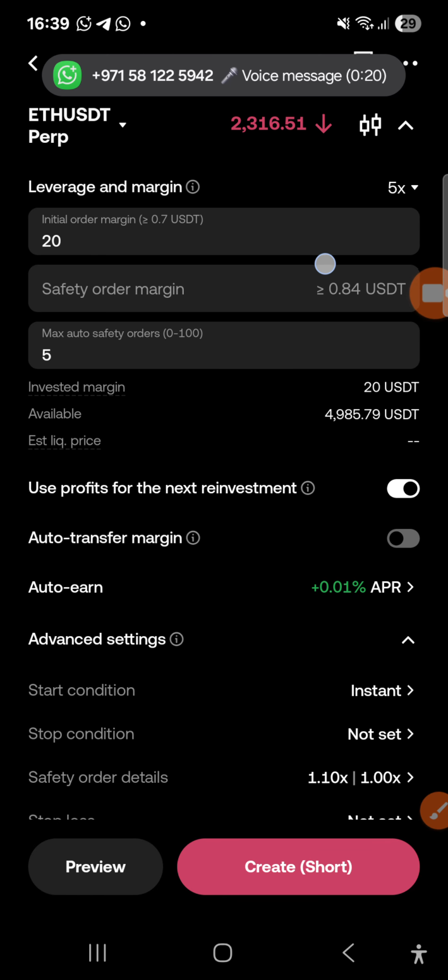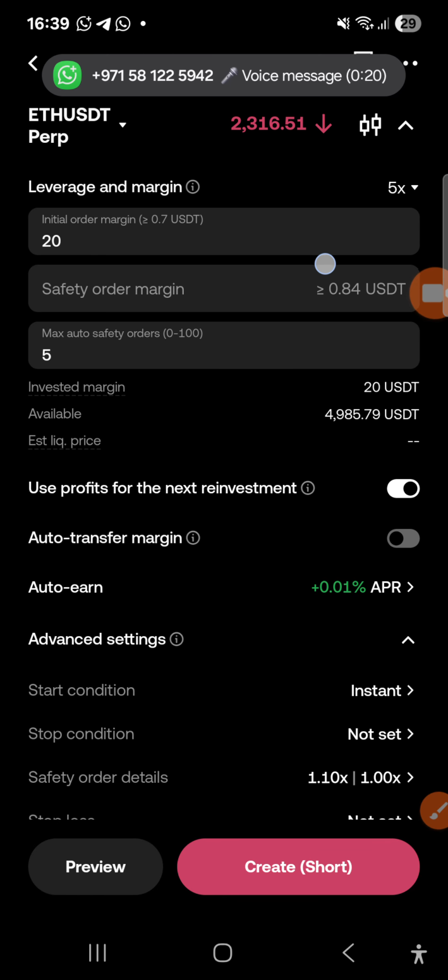Okay, now we got here use profits for the next reinvestment. You want the robot to always add your profits into the market. That is, put this one on. When you don't want it to add, you put it off. Okay, now auto transfer margin.